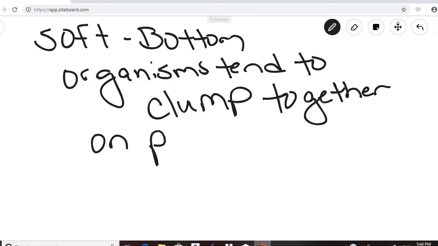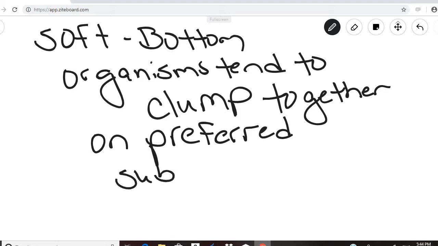So in other words, if you have an organism that likes a particular type of substrate, and that substrate is in one area but not in another, it makes sense that many of the organisms would congregate in the area where that substrate exists.